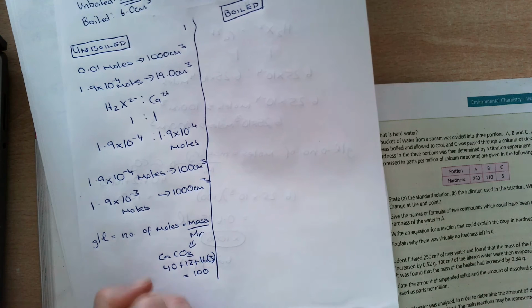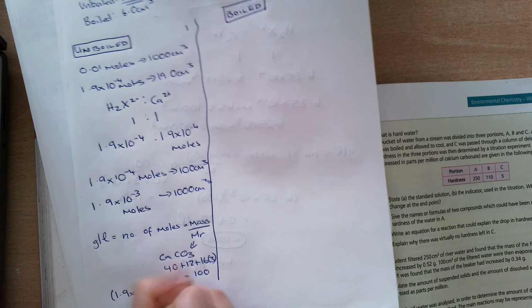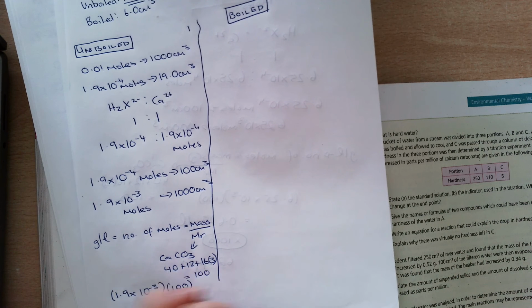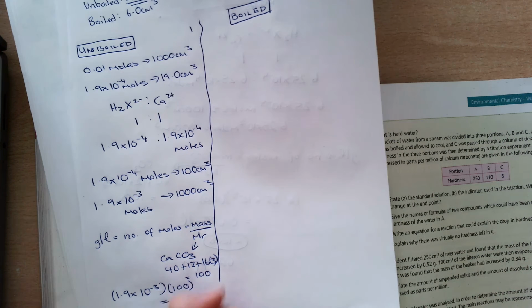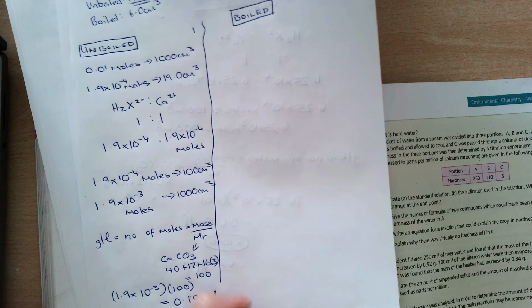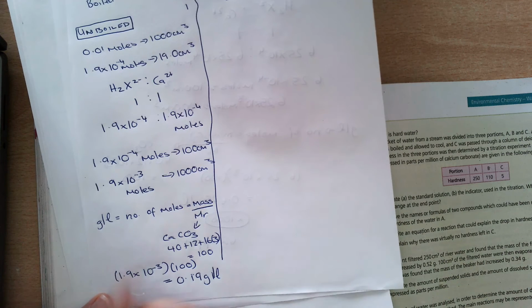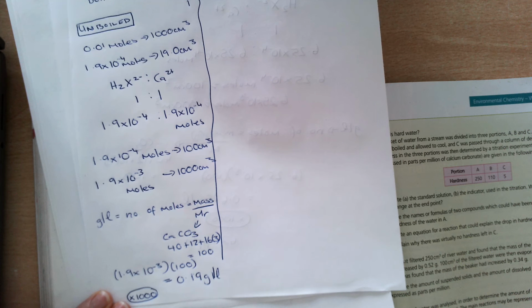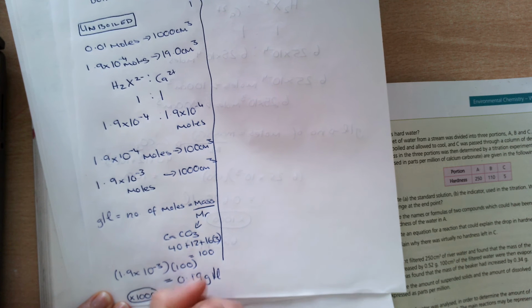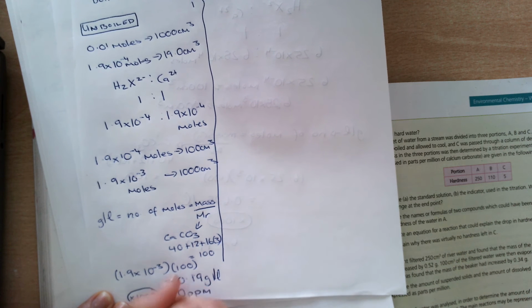So 1.9 by 10 to the minus 3 multiplied by 100 gives me a gram per litre of 0.19, and then I have to convert that into ppm. So in order to do that, I multiply by 1,000, and that gives me 190 ppm.